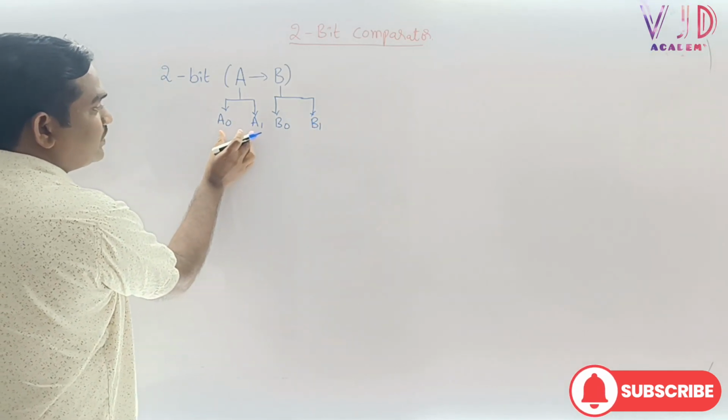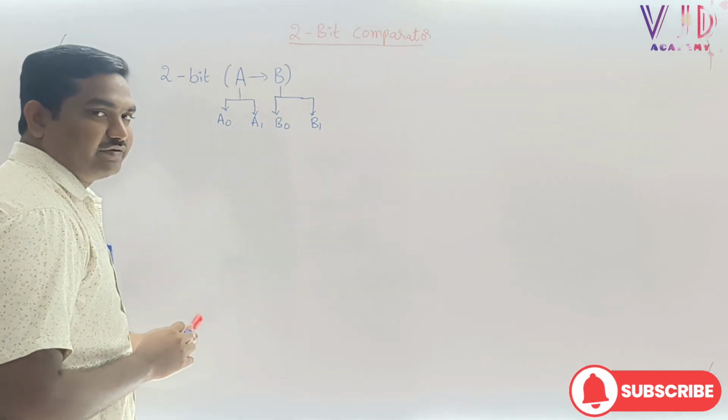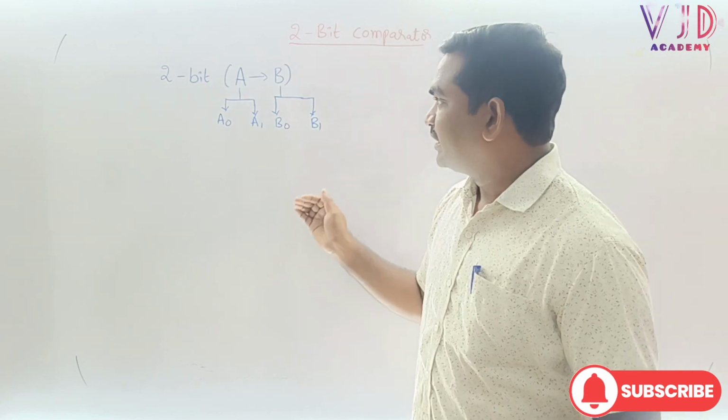Now these 2 bits are compared with these 2 bits. A0, A1 is compared with B0 and B1. That is the reason we are calling it 2-bit comparator.